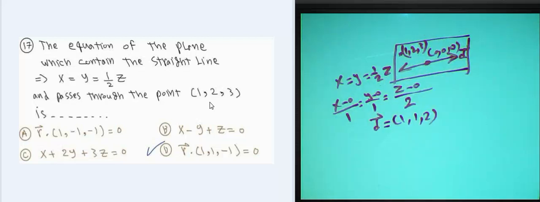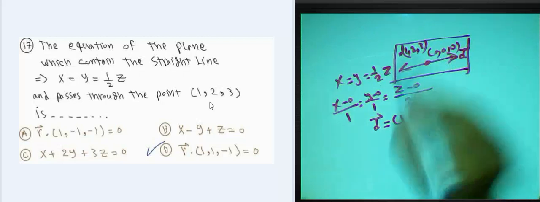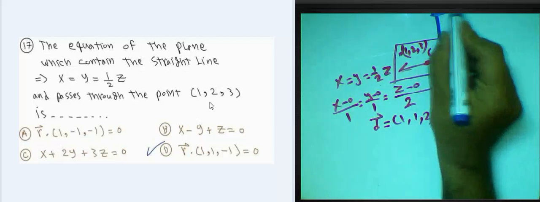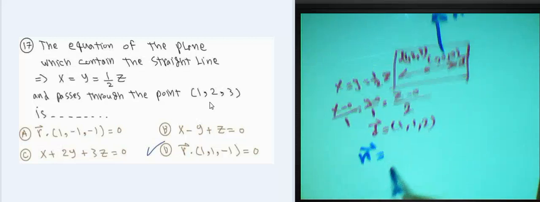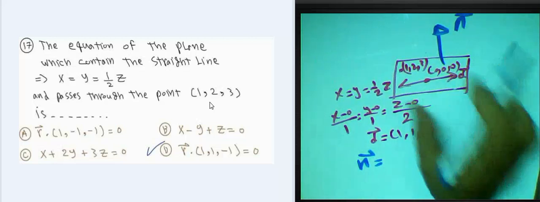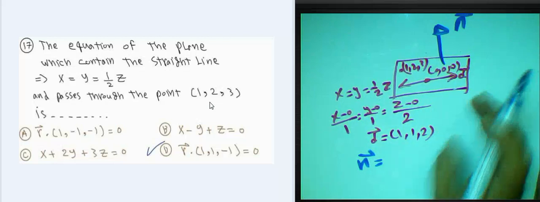Okay, first we must find what? We must find the vector which is perpendicular to the plane. We call it n. We know vector n we can get, perpendicular to the plane, by the cross product of vector 1 and vector 2.